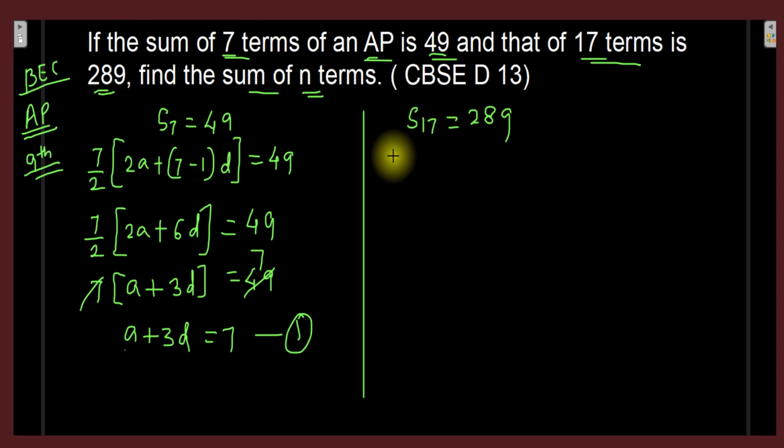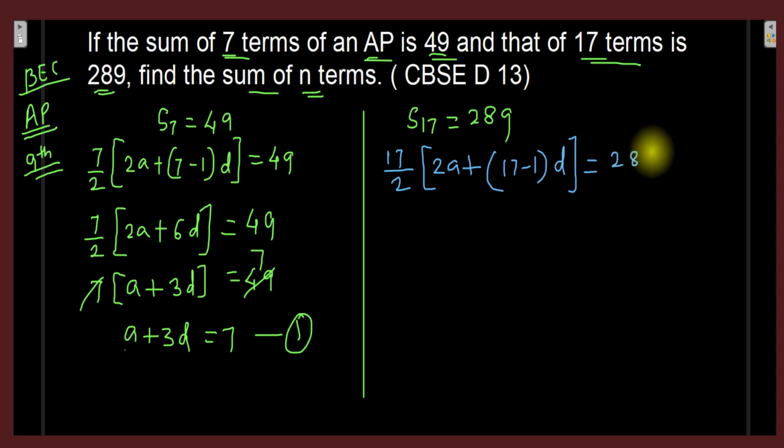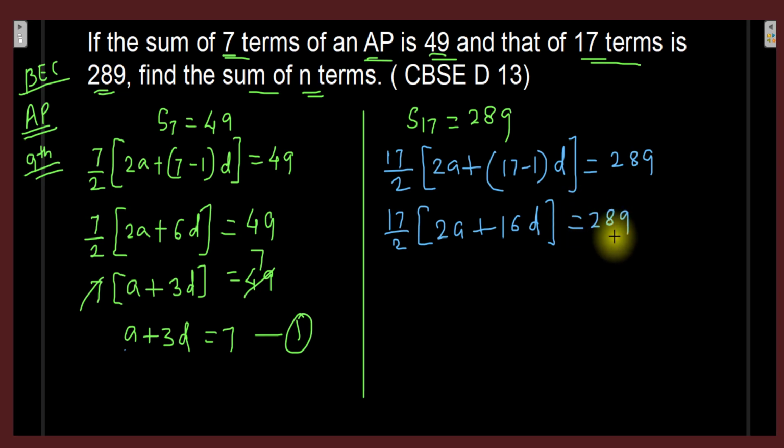So friends, here S17 will be n by 2, so that is 17 upon 2 into bracket 2a plus n minus 1, n is 17, so 17 minus 1 into d, close the bracket, which is equal to 289. So this is 17 by 2, and inside the bracket it is 2a plus 17 minus 1 is 16, so it will be 16d, which is equal to 289.